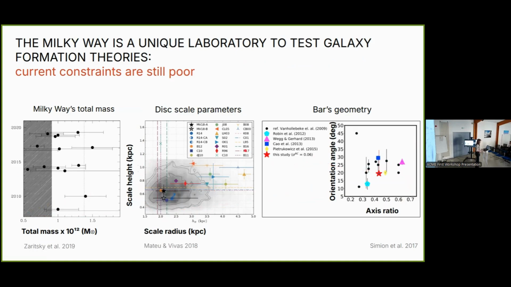And you can see that there is significant scatter on all of these parameters. So there is plenty of space for LISA to provide an independent constraint on these parameters using a completely different messenger, gravitational waves.